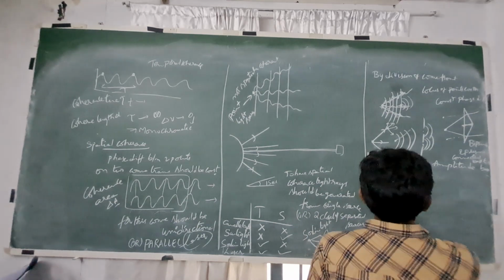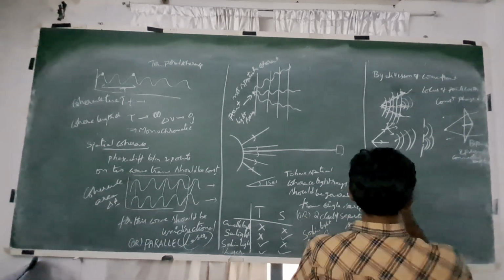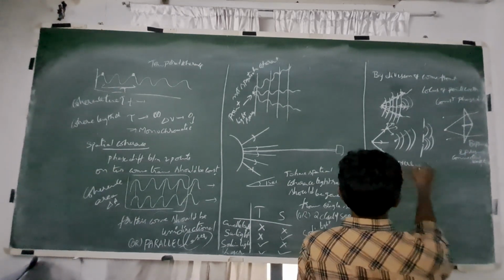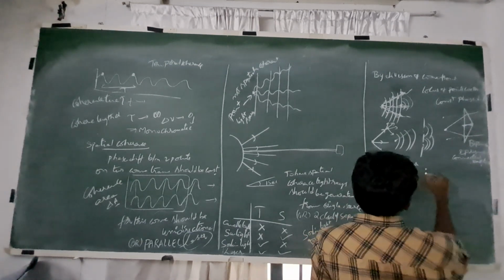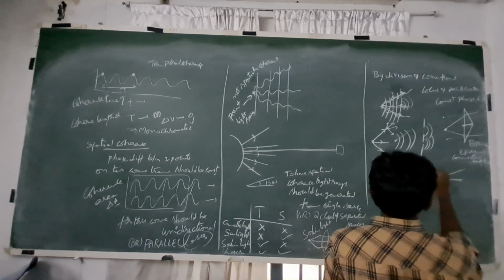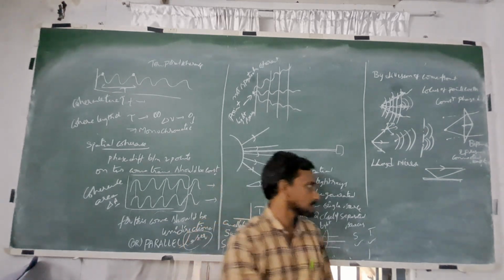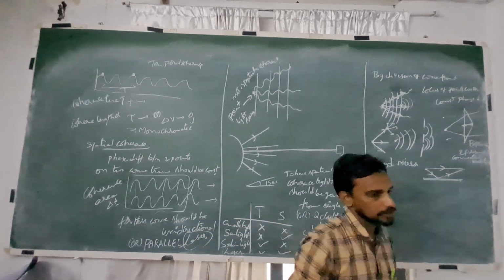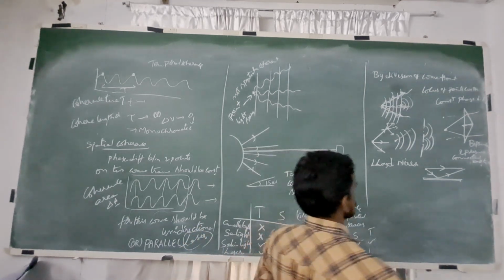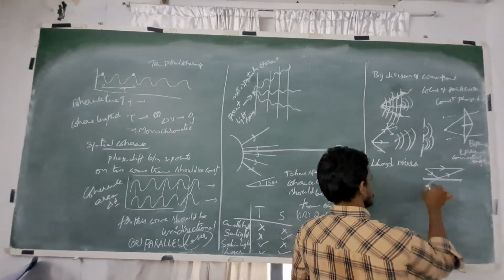So another possibility is using a Lloyd mirror. So here the light rays reflect on a mirror. One set of light rays reach the observer directly and another set reflect on a mirror and reach the observer. So as if the reflection portion acts as a second source.